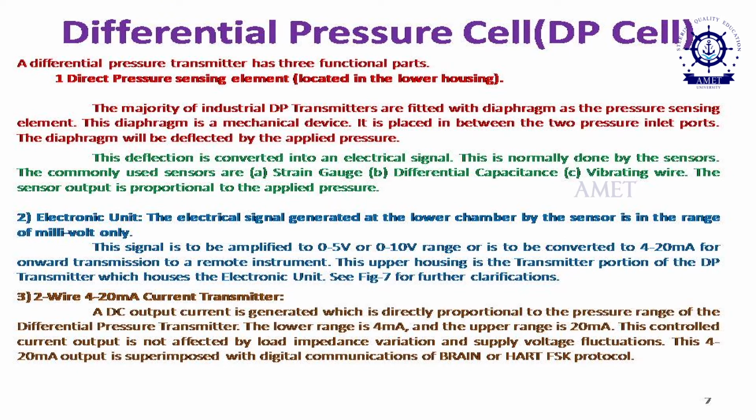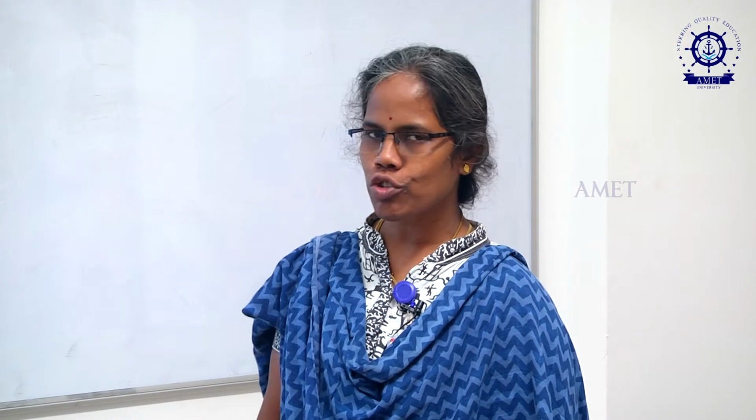Next, the electronic unit. The electrical signal generated at the low chamber by the sensor is only in the millivolt range. This signal is to be amplified to a 0 to 5 volt or 0 to 10 volt range. It is converted into 4 to 20 milliamperes for onward transmission to a remote instrument.